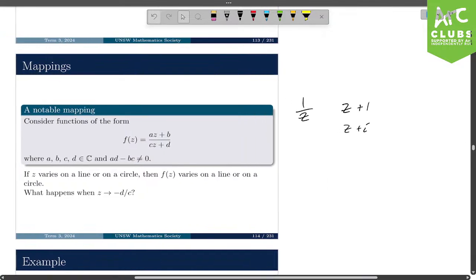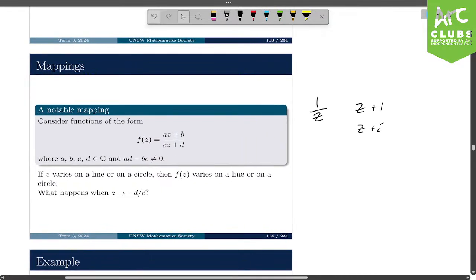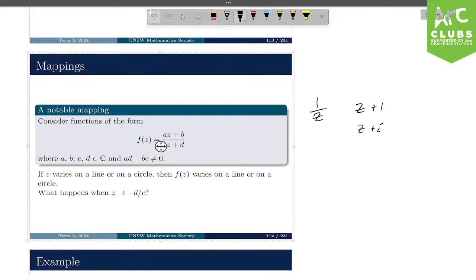Okay? And I'll just explain how we break this down. Mind you, this little condition is sometimes imposed just to say that we're not dealing with a constant. Okay? So I will now explain.